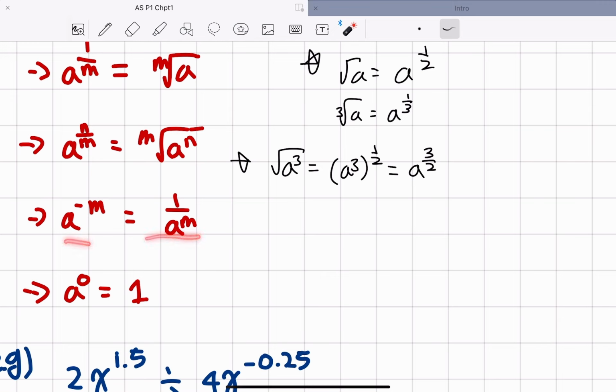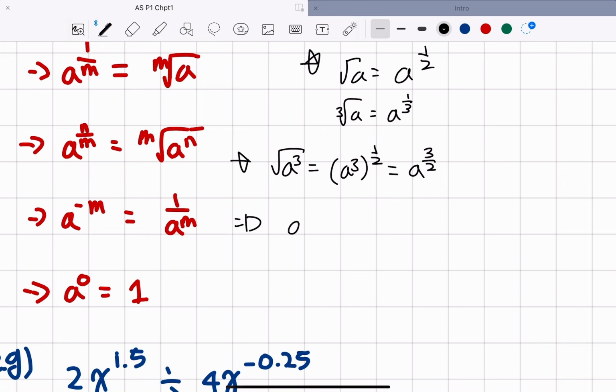And also the next one, a to the power of minus m equals 1 over a to the power of m. So if you see the negative sign on the power, it just means we're changing the position of denominator and numerator, right? So, example.